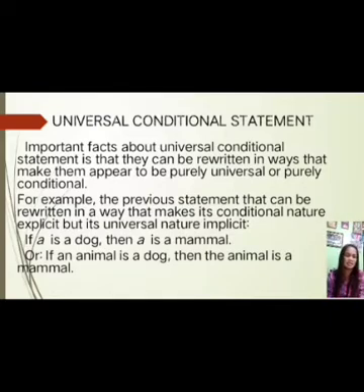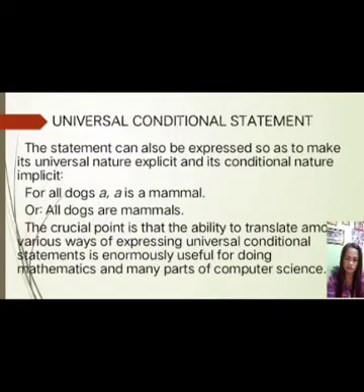Let's go through a series of examples to further understand the conditional statement. Example number 1. Now we are going to rewrite each statement as a conditional statement. Let's say, for example, Filipinos are hospitable. Here, Filipinos is the hypothesis and hospitable is the conclusion.